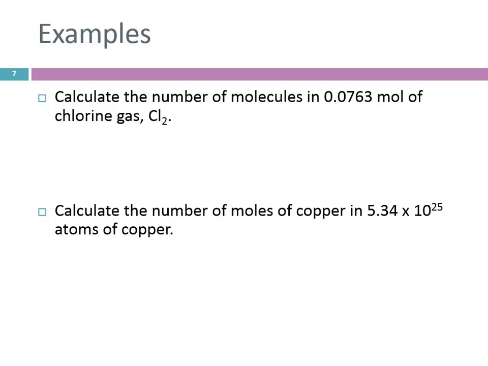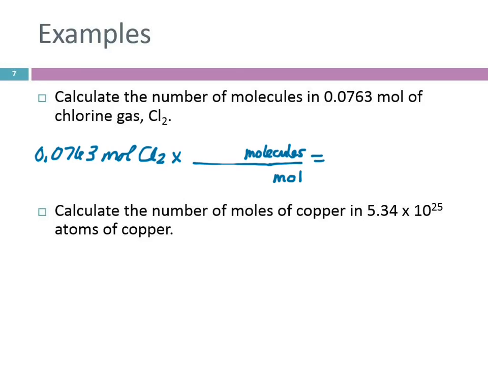So we've got 0.0763 moles of Cl2. And we want number of molecules. And then to get this mole unit to go away, we're going to put that down here. And this is dimensional analysis with some different units.